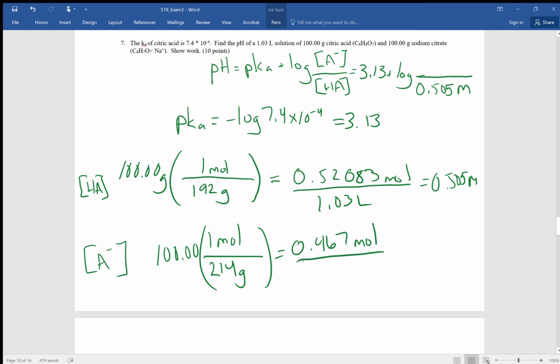We can divide that by the volume, 1.03 liters, and we get a concentration of 0.454 molar. Again, we can plug that into the Henderson-Hasselbalch equation. We can do our calculations, and we get a final answer here that the pH is 3.08.